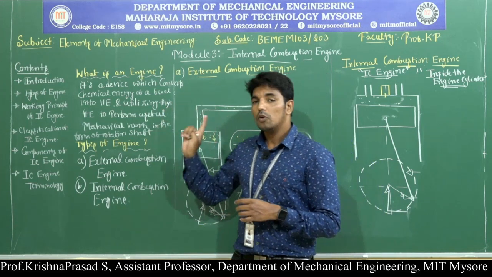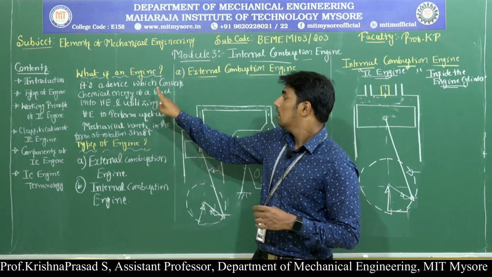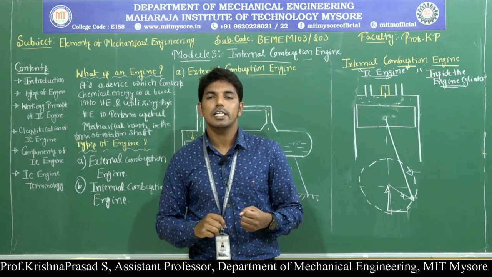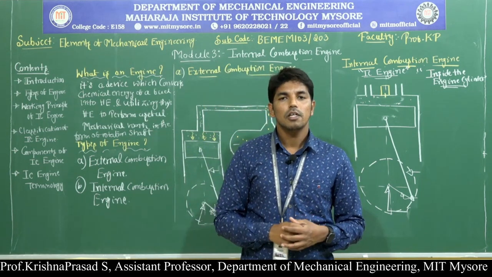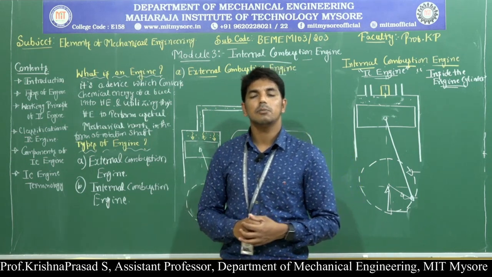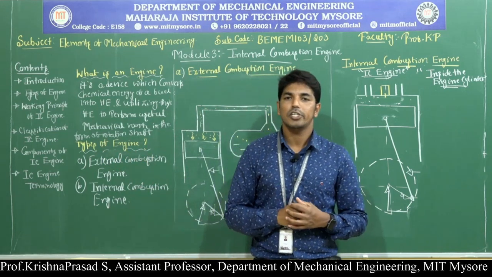Before going to the external and internal combustion engines, first we need to understand what is meant by fuel. Fuel is a chemical substance which contains carbon and hydrogen as the main combustible elements. On burning, the fuel liberates a lot of energy in the form of heat. That heat energy is essential in order to convert it into mechanical work in the form of rotation of the shaft.